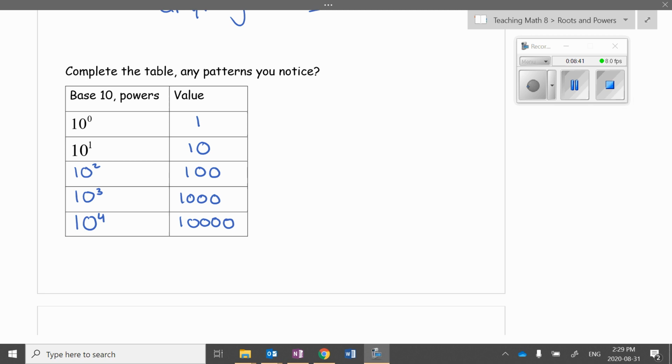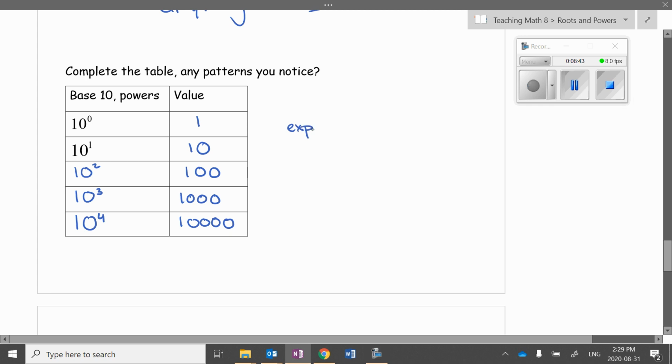The simplest one for me is that the exponent is equal to the number of zeros. Number of zeros, specifically trailing, so behind, 1. So for this first one, there are zeros behind the 1. And the second one, I have a 1, so there's 1 zero. There's a 2 here, so I have 2 zeros, and so on.